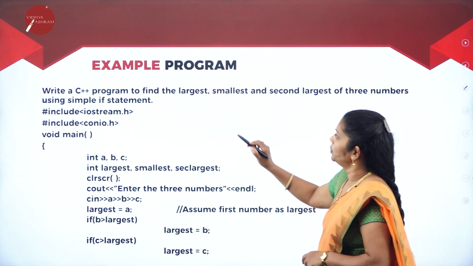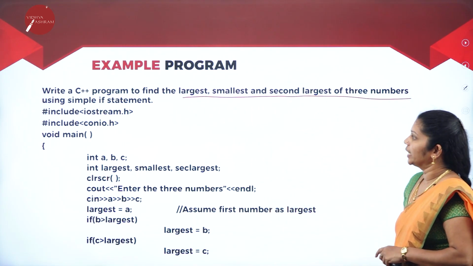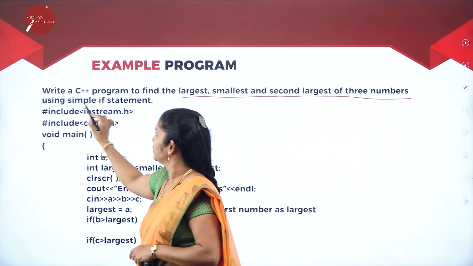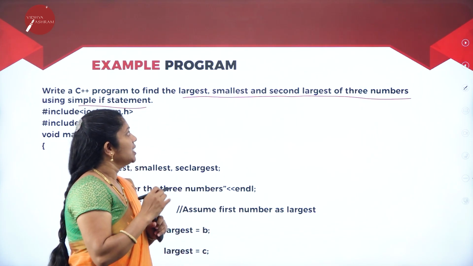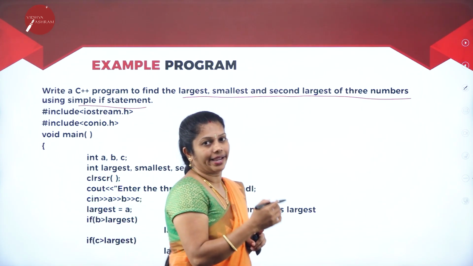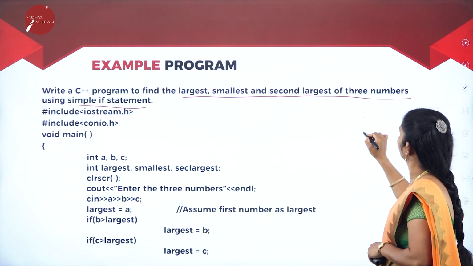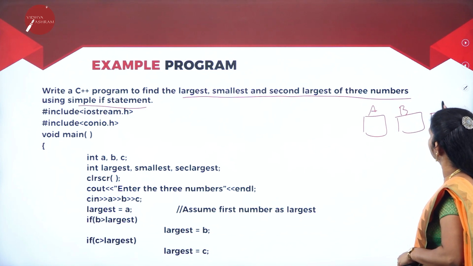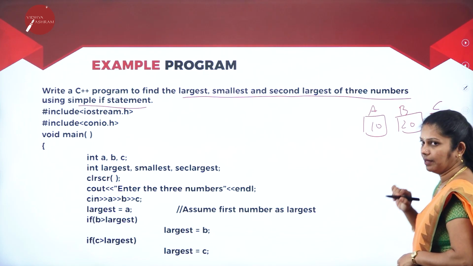Write a program to find the largest, smallest and second largest of 3 numbers using a simple if statement. Consider we have 3 variables A, B and one more, C. Here I am having 10, 20, 30 for example.